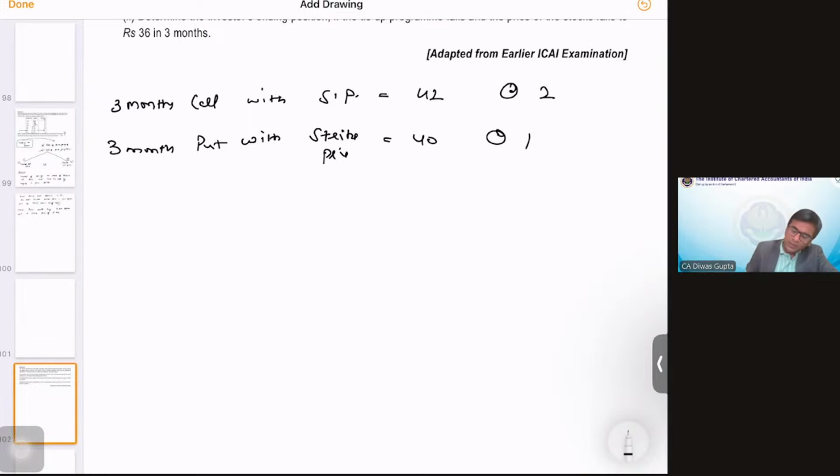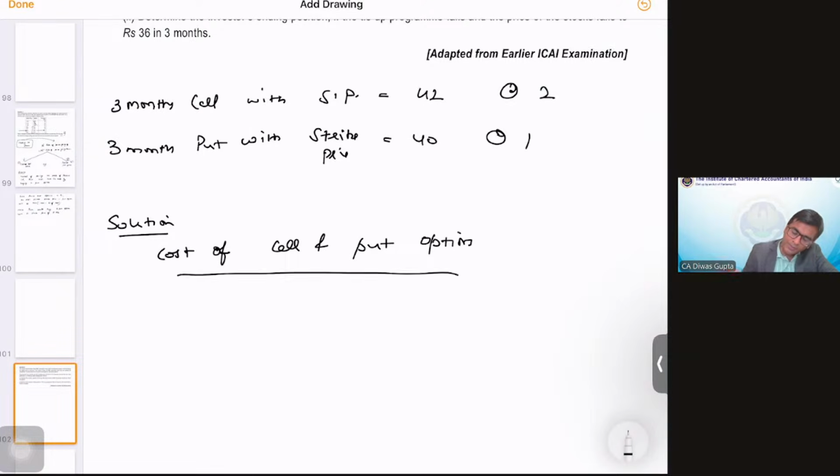So for determining that, let's simply put the cash inflows and cash outflows, right? So first of all, the cost of call and put options is the premium of the call option and the premium of the put option.